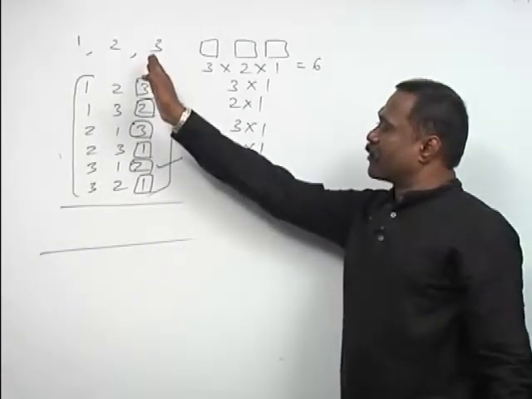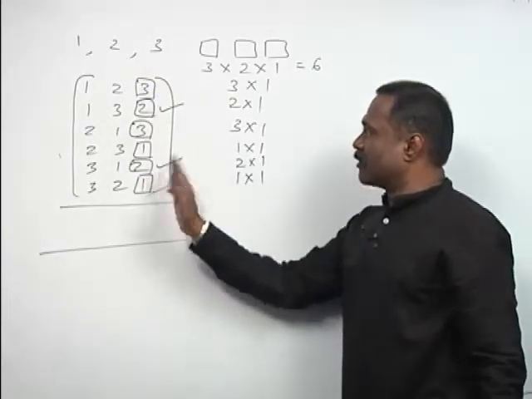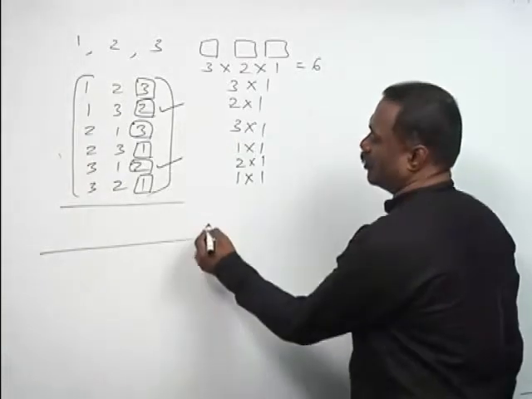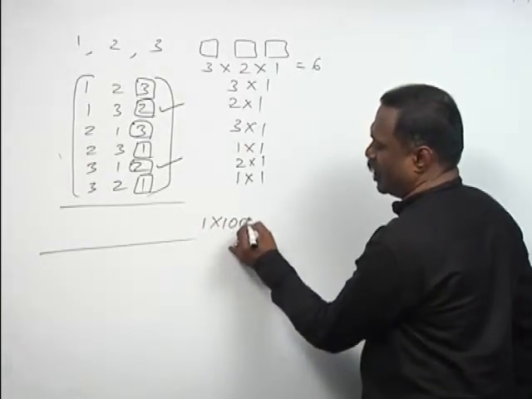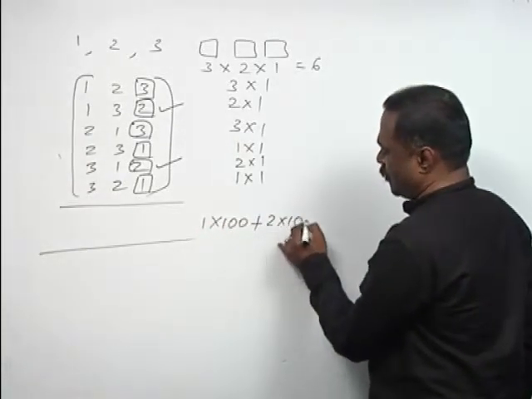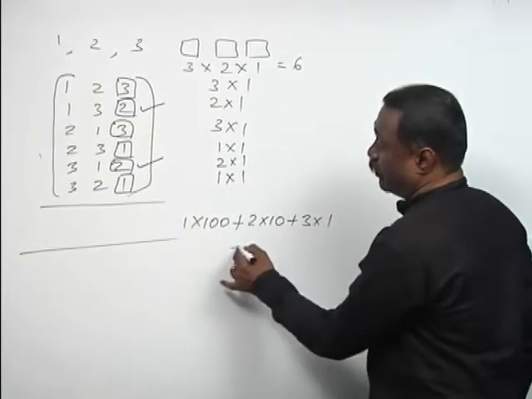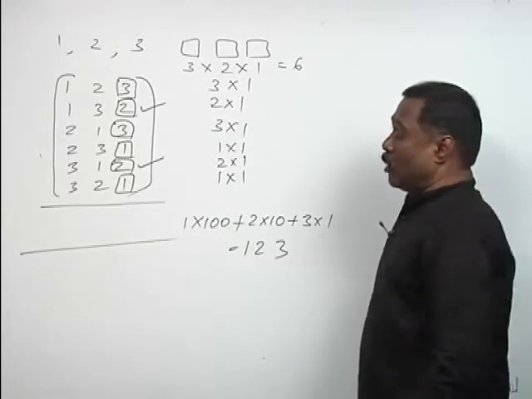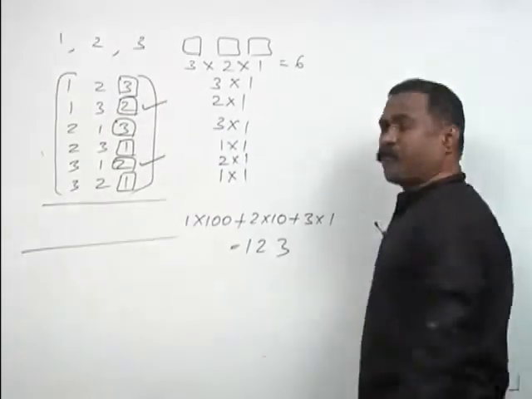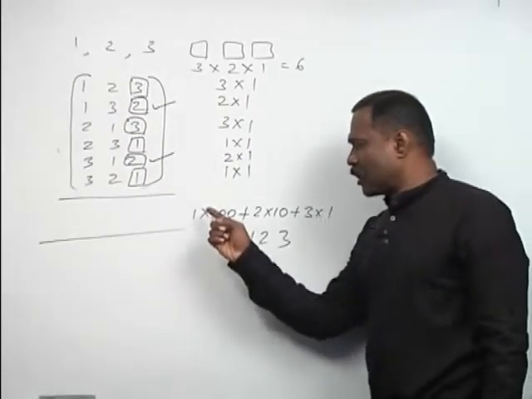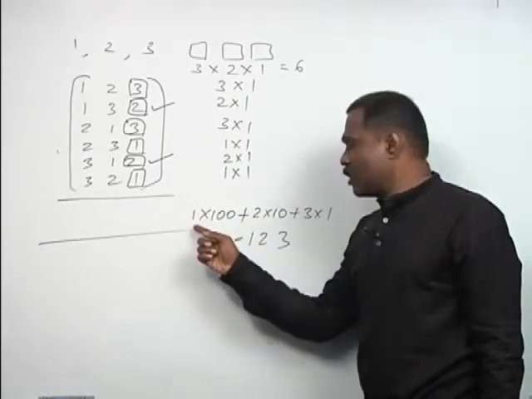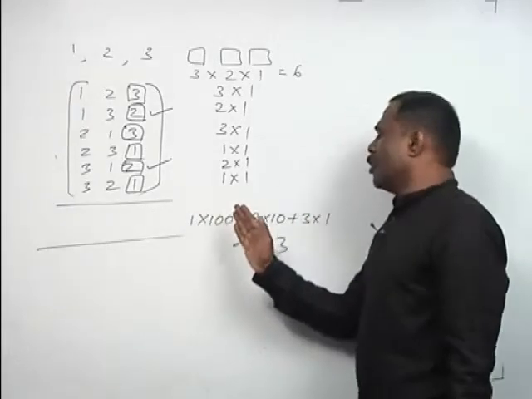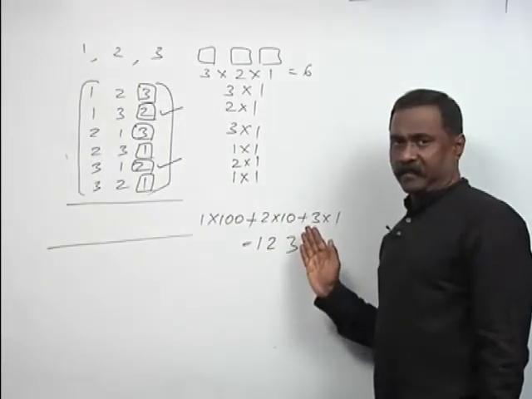So that means if you split the place-wise to form the number 123, it should be 1 into 100 plus 2 into 10 plus 3 into 1, which will give you 123. Understand that. The number 123 is formed with the contribution of 1, 2, 3 by placing them in hundreds, tens and ones place.